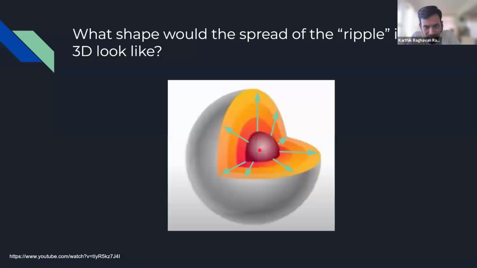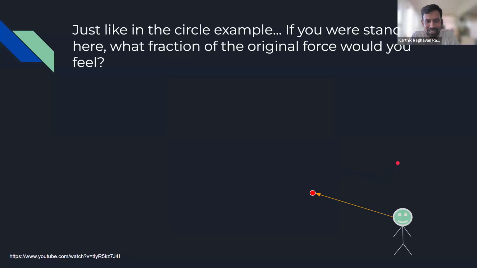So if this is the source of the energy, just like how in a 2D space it spreads like a ripple, in a 3-dimensional space, it's going to spread like a bubble, right? It's going to spread like a sphere because it is going in all directions equally, right? Now, I think by now you all know what I'm going to ask you next.